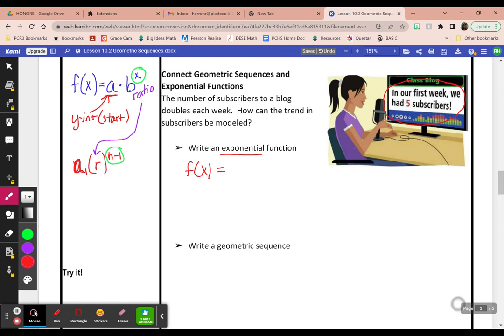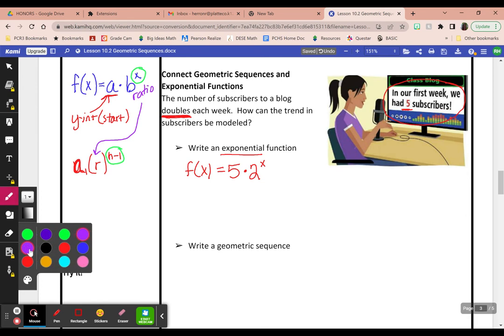Well, it says in the first week we had 5 subscribers, right? So 5 is my starting amount, times b up here for my ratio. Well, how many times is it happening, right? What am I multiplying by? And that's up here where it says it doubles each week, right? Doubles means it's taking it times 2, and how many times will depend on how many weeks.